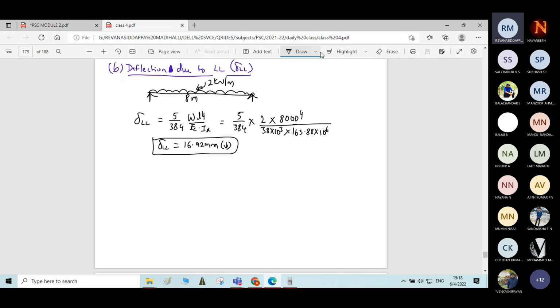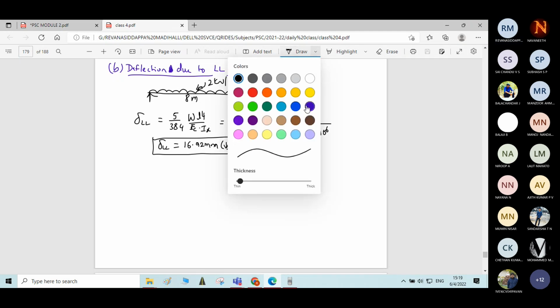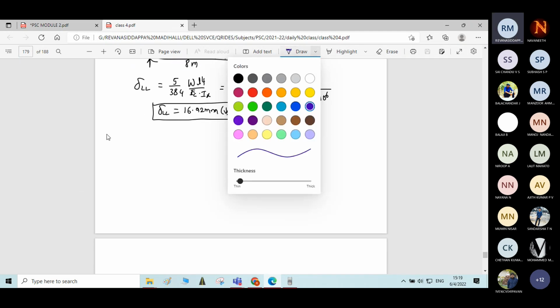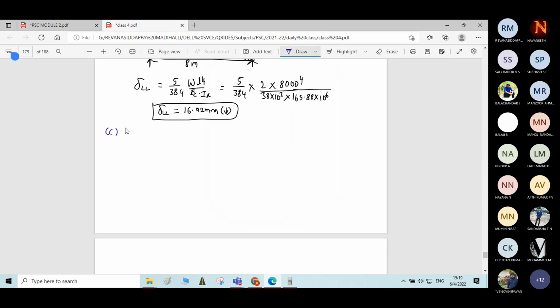Then third one, deflection due to prestress, delta PS.